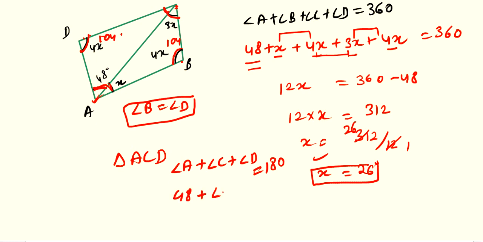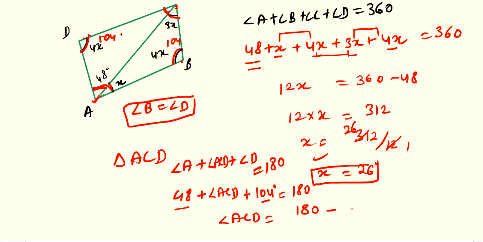C we have to find, so write this as angle ACD, plus the value of D, 104, equals 180. From there we are getting 152. So transposing, 180 minus 152. Okay, 28 degrees we are getting.